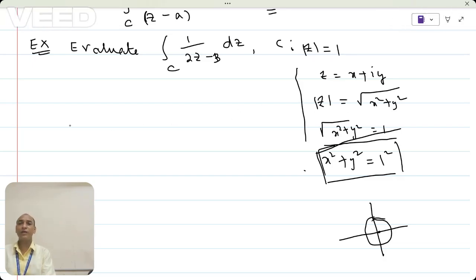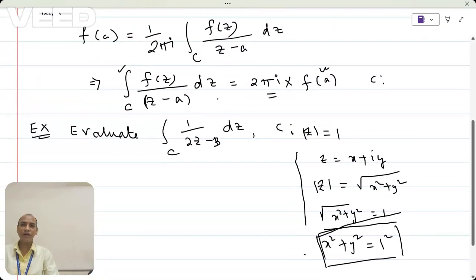So now let us solve it. Let me find the value of a. What will be a? Compare these two things. Here I should have z minus a, but here I am having 2z minus 3. So in order to make it z minus a, I have to take 2 common.